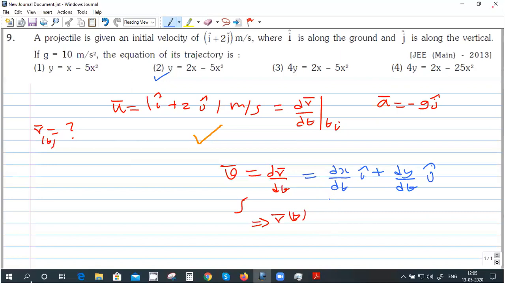So we differentiate that and we get 2x minus 5x square. Y is equal to x tan theta minus g x square by 2u square. You're using the result, yes sir. We use a formula.